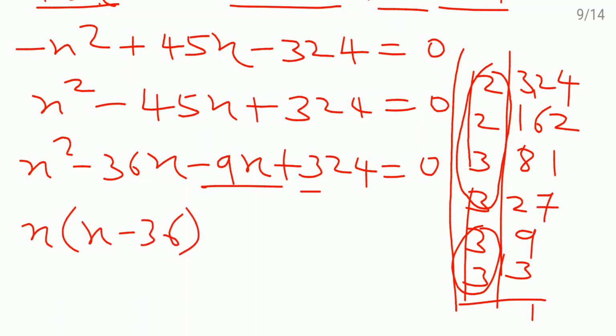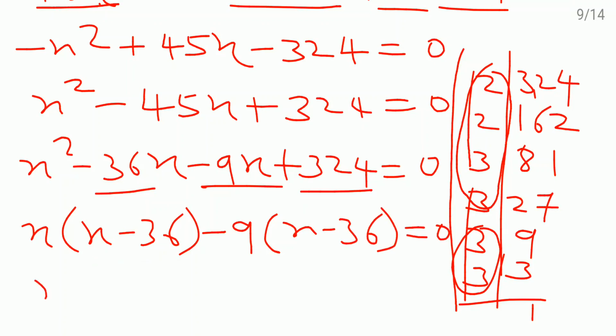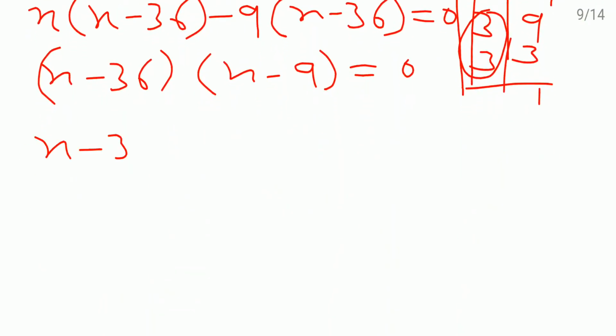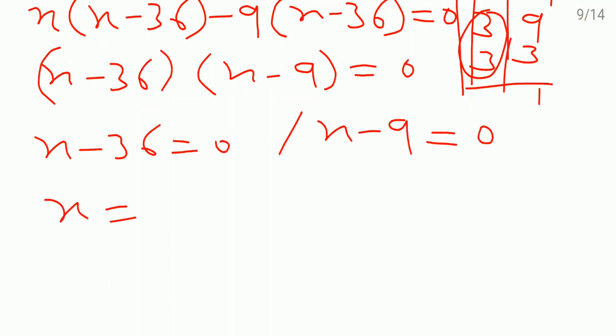Now from here I will take minus 9 common, and as you know, the factors are correct, so directly you can copy this bracket X minus 36 here. Now X minus 36, the same bracket we have taken common, and what is left here? X minus 9 is left, which is equal to 0. Now see here, X minus 36 equal to 0 and X minus 9 equal to 0. So X is equal to 36 and X is equal to 9.